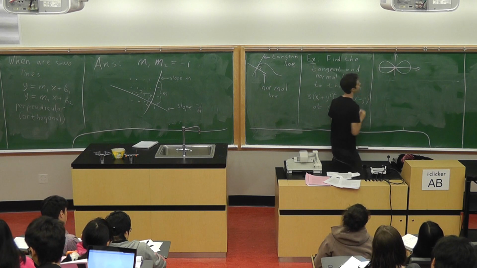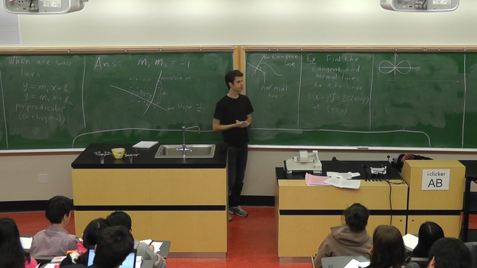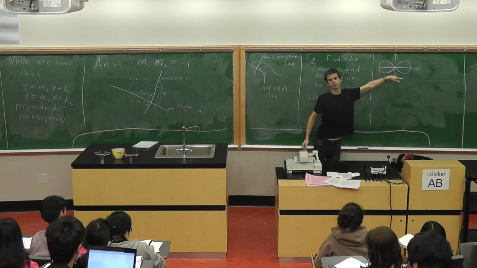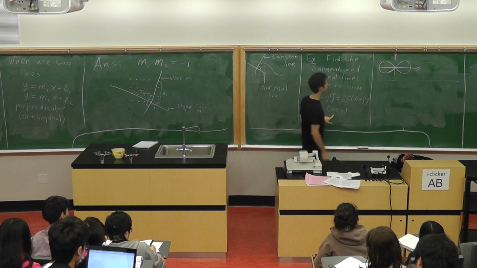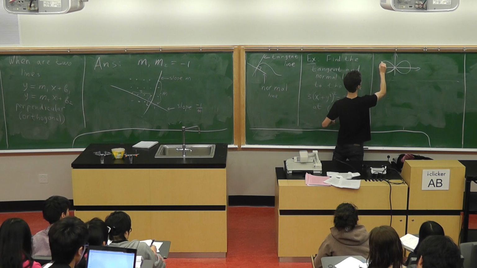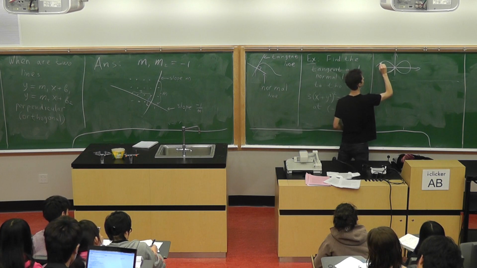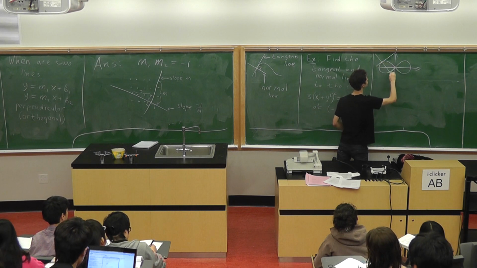So if you try to sketch all possible x and y which satisfy this equation, that's exactly the curve that you get. And our point, negative 2, 1, is a point somewhere here. And the question is find the equation of this tangent line, and find the one which is perpendicular.